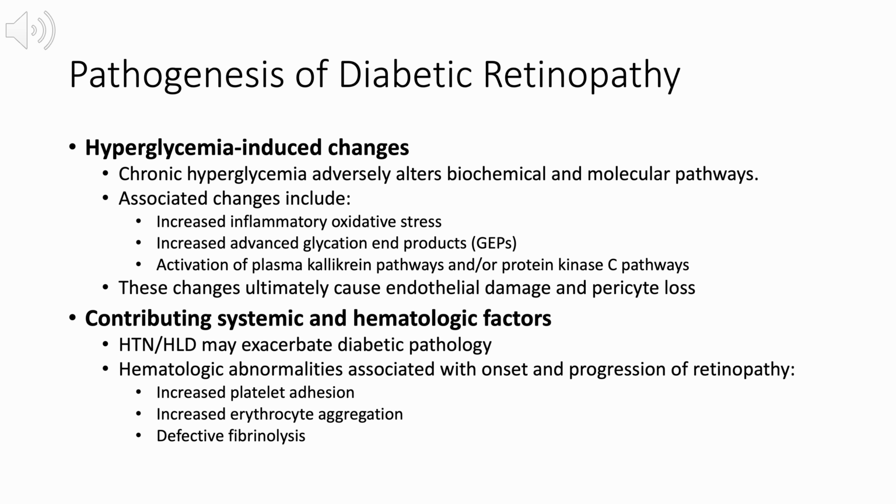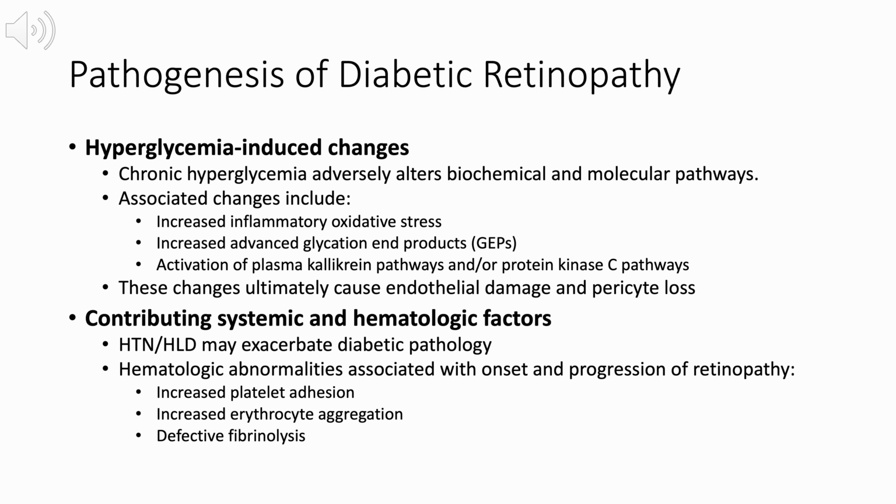We now turn from epidemiology to mechanism, and this is where the lecture really begins to cohere, because everything clinical that follows is downstream of what we are about to describe. The initiating insult is chronic hyperglycemia, which adversely alters a range of biochemical and molecular pathways within the retinal vasculature. Several specific changes are associated with this hyperglycemic state.